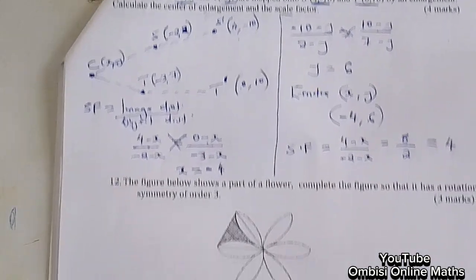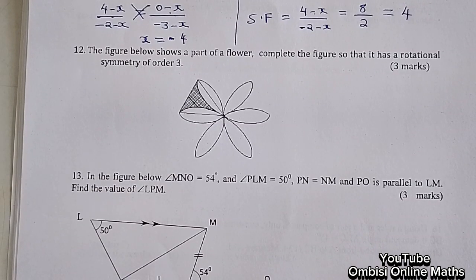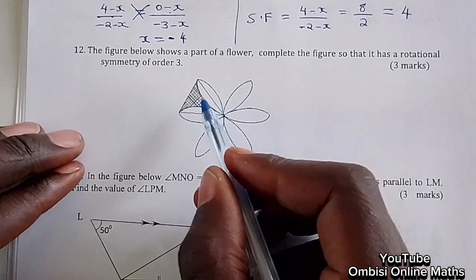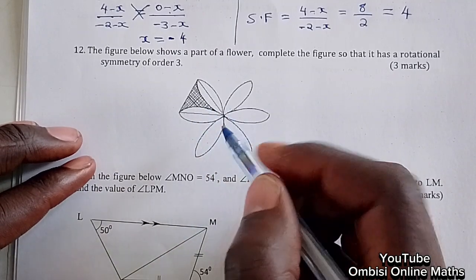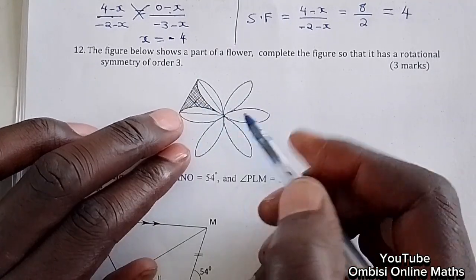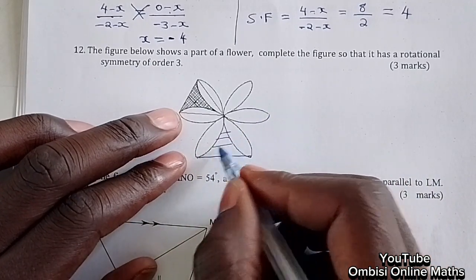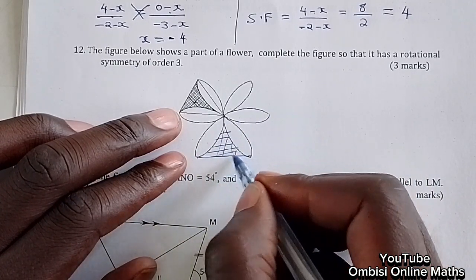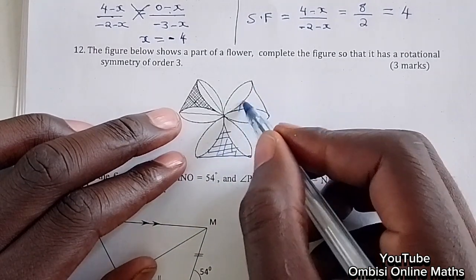Now let us look at question 12. Question 12 is a flower that has a rotational symmetry of 3. So rotational symmetry of 3, rotating 3 times to get back to where it is. It means to rotate at 90 degrees to come here. After here, rotate another 90 degrees to come here.